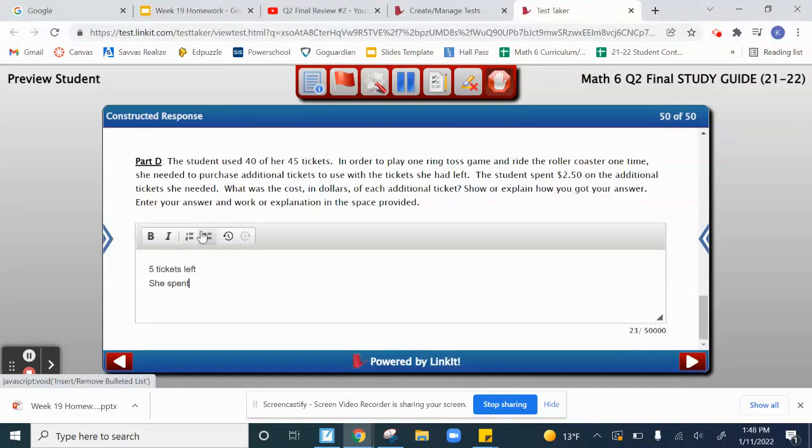She spent 10 tickets. All right, now, so this means she bought 5 tickets. $2.50 divided by 5 tickets. If I did out that math, would be 50 cents per ticket.